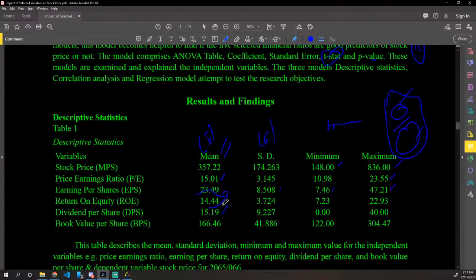Maybe there was some return on debt kind of thing as well. Standard deviation is 9.1, so that's very dispersed. Minimum was 0, dividend was 0 as well. Standard deviation 14, and that's a huge difference.